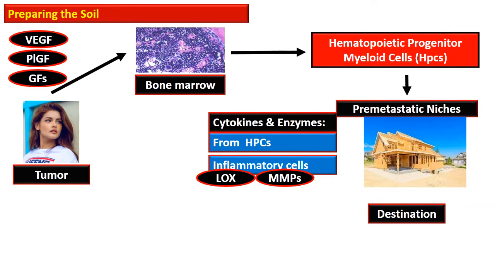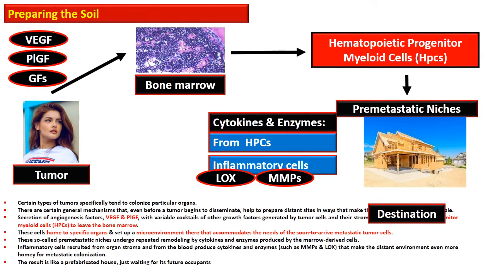The inflammatory cells release lysyl oxidases and metalloproteases that are important for the construction of this home for the tumor cells. This pre-metastatic niche undergoes repeated remodeling by the cytokines and enzymes that are produced by these sources.